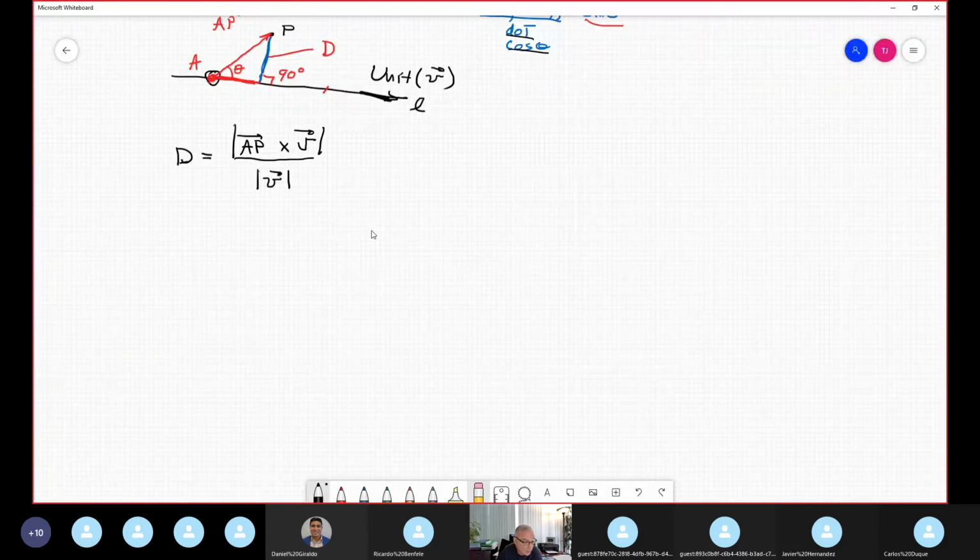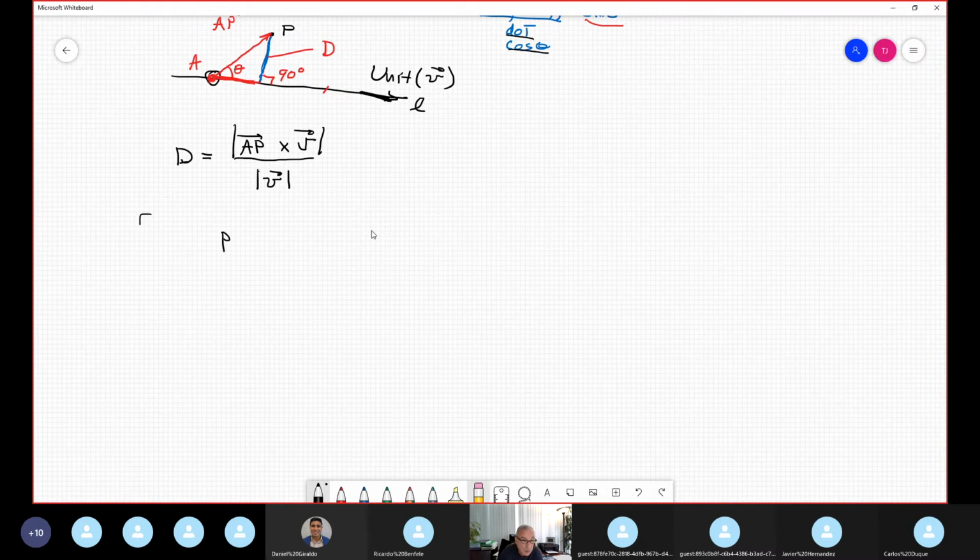Okay, suppose a point is given, P. It's example 2, no? One point is given, which is the point (4, 4, 1).